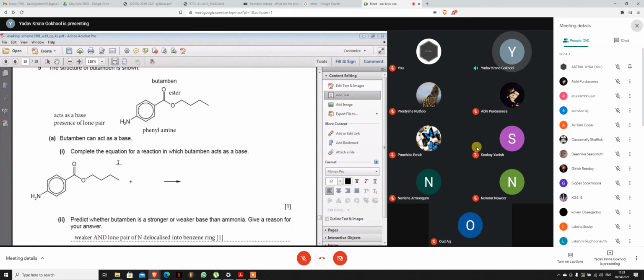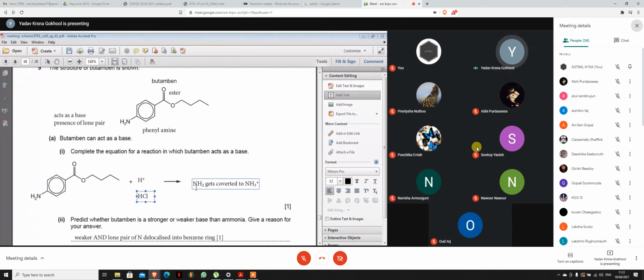Complete the equation for a reaction in which butamben acts as a base. If it is acting as a base, here we will have H plus and the NH2 gets converted to NH3 plus. Now we can also put HCl.